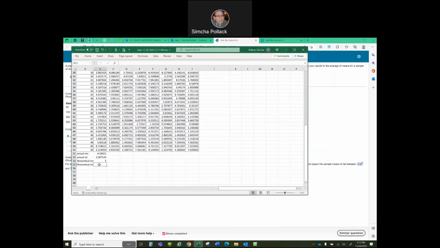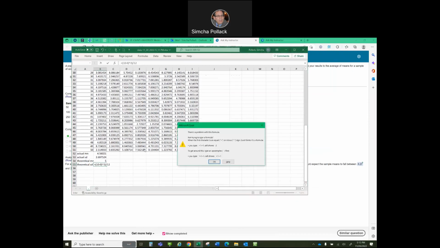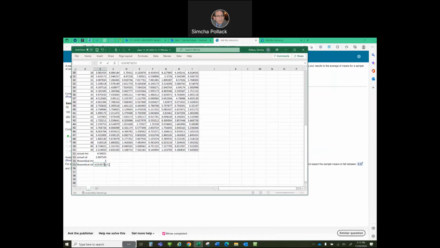That's gotten by taking the equal sign, parenthesis, the top number minus the bottom number, squared, the 10 minus 0 squared, that's how you square something, divided by 12. See what happens.